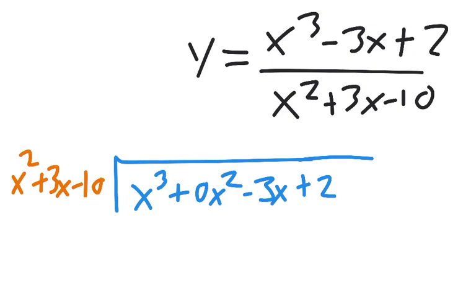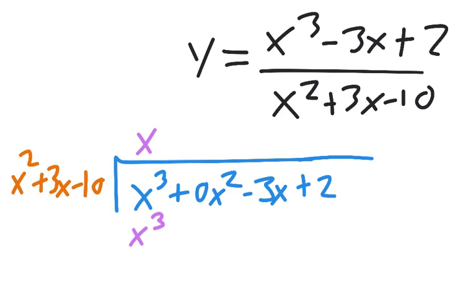You want them to completely match. So same thing here. I've got an x squared. I want it to be x cubed. So x squared times what is x cubed? X. So x times x squared is x cubed.